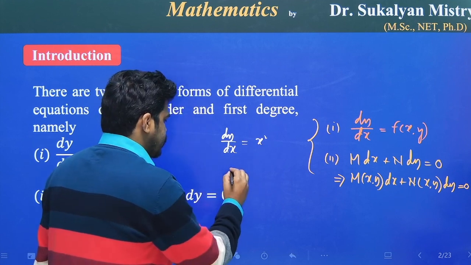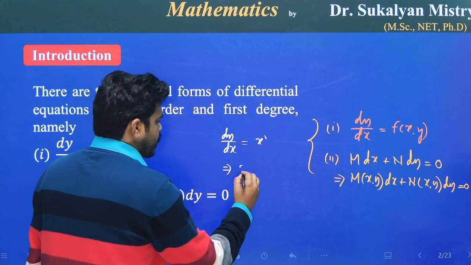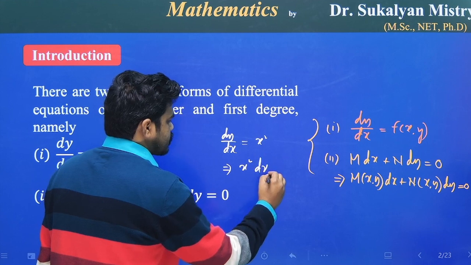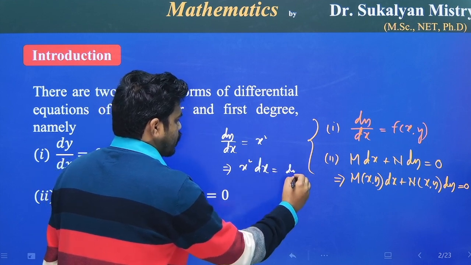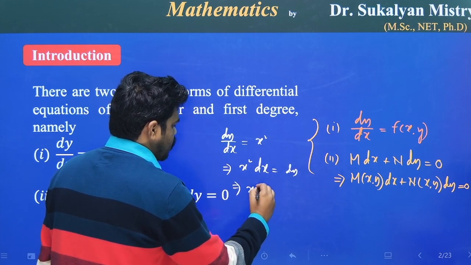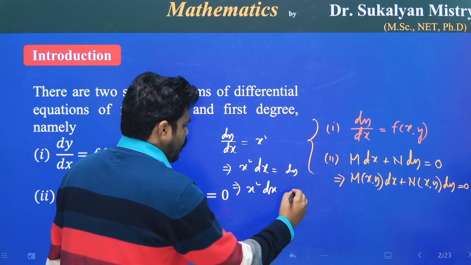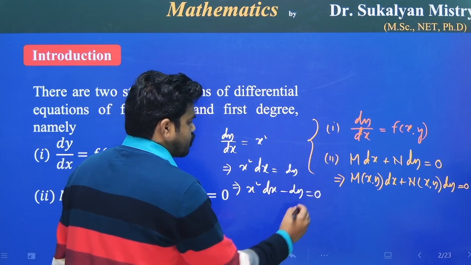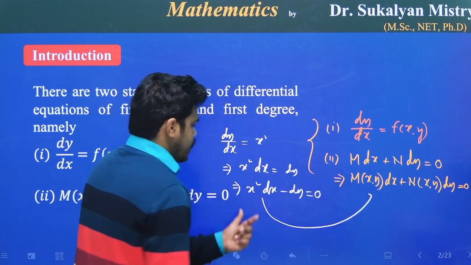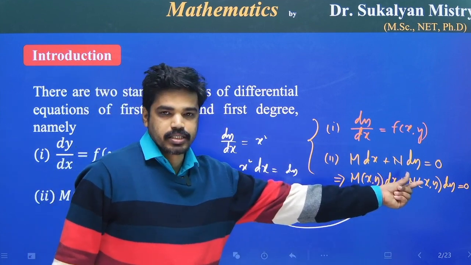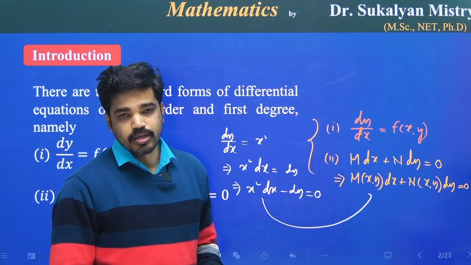So this can be written in the form x square dx is equal to dy. That means x square dx minus dy is equal to 0. See, in this form you get M dx plus N dy is equal to 0.